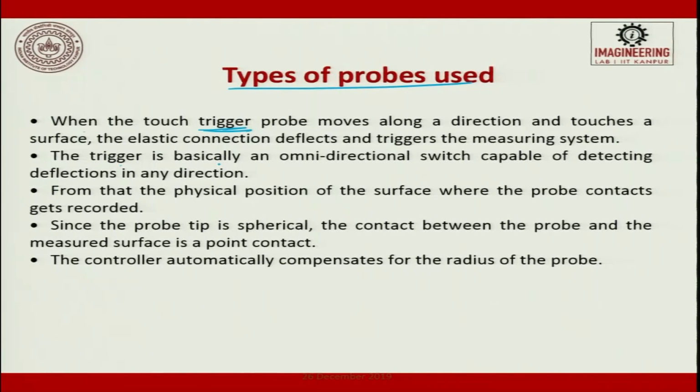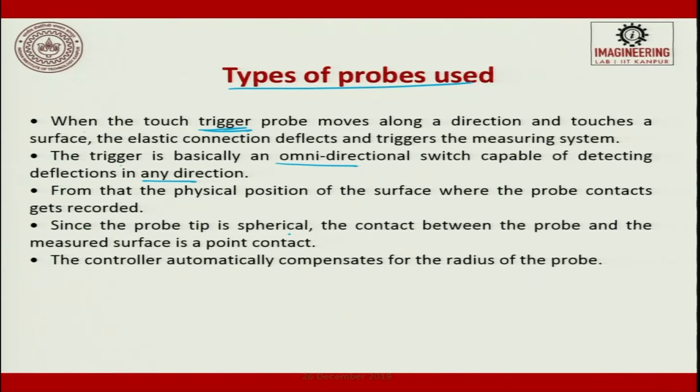Trigger is basically an omnidirectional switch capable of detecting deflections in any direction. Omni, multiple, any direction. From that, the physical position of the surface where the probe contact occurs gets recorded. So, wherever it touches, trigger is done and immediately XYZ data is recorded.